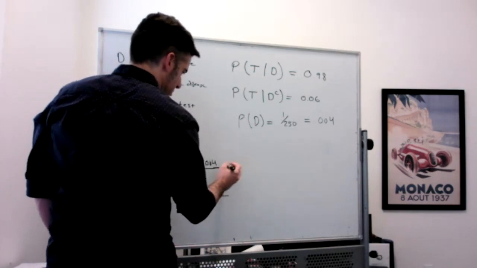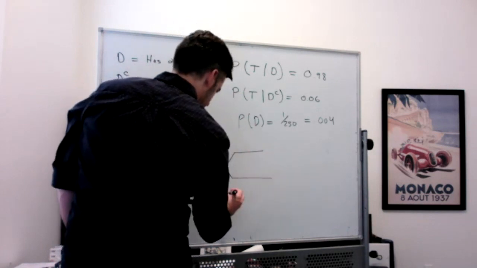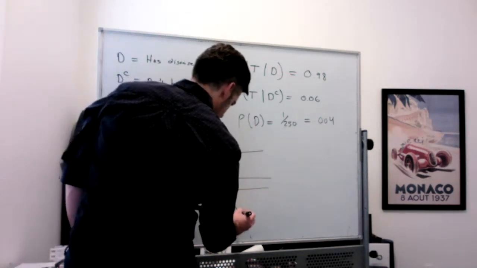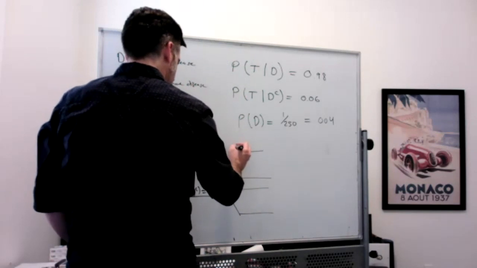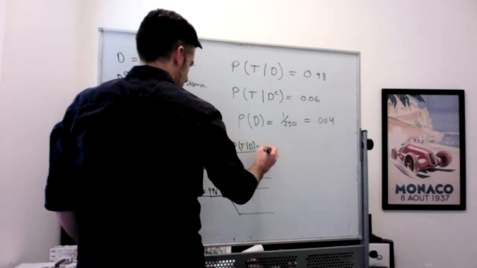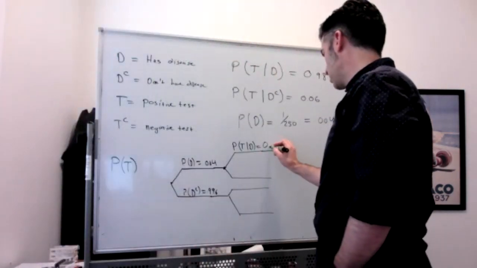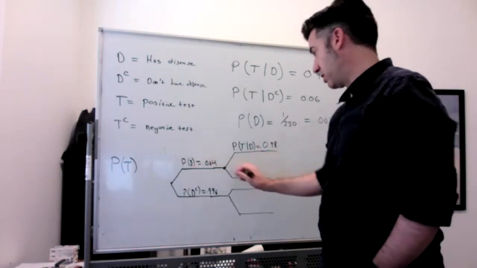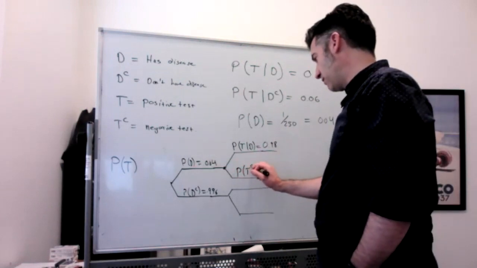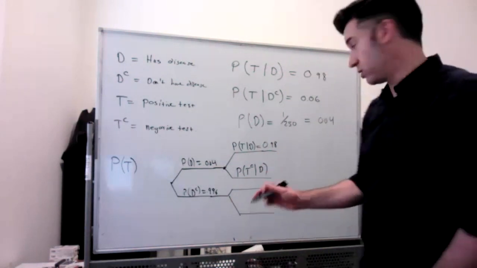And then for each of those, we have two options. We have the probability of testing positive given that you have the disease, which is already told to us, 0.98. And we have the probability of testing negative given that you have the disease, which must be whatever's left over, 0.02.